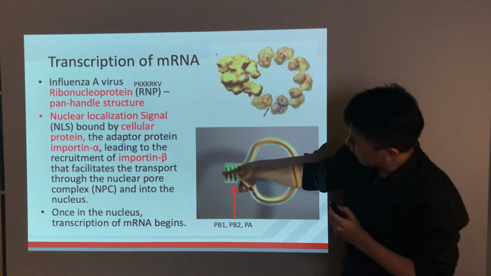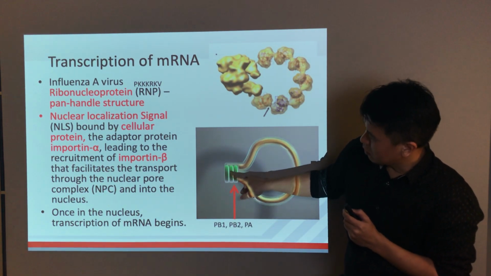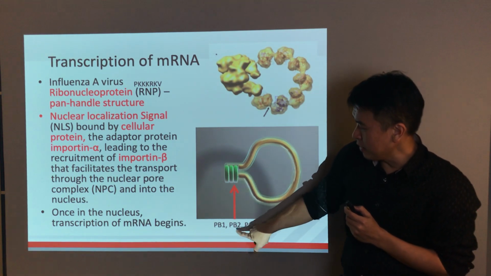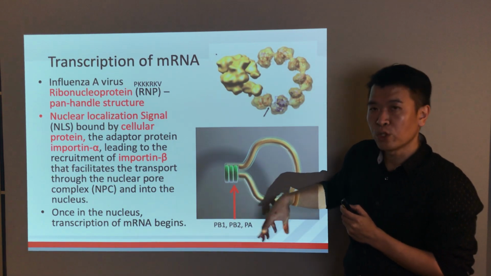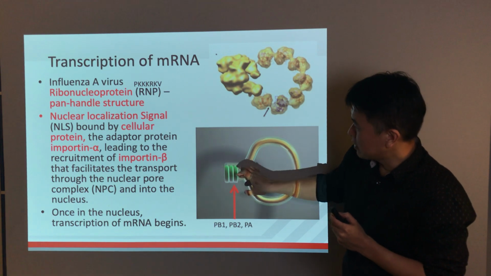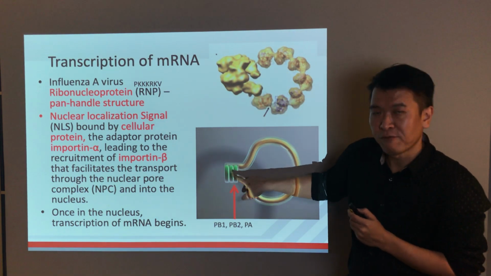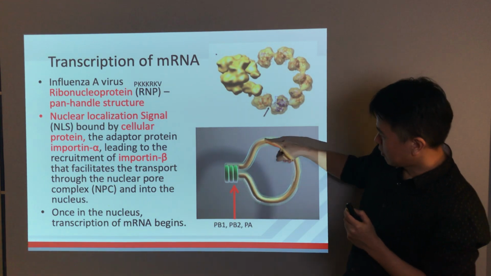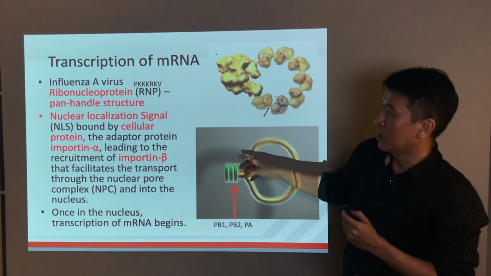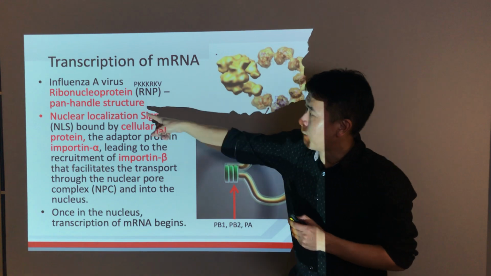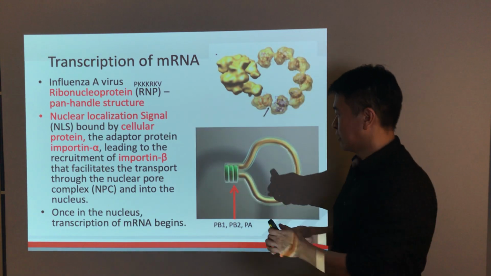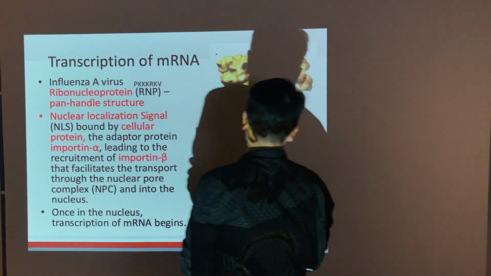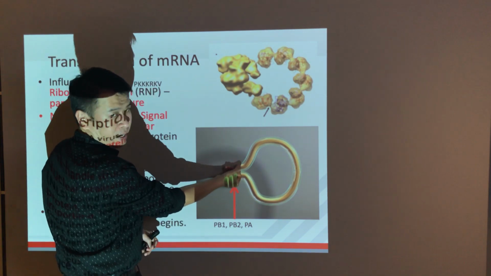And at the end, you can see there are PA, PB1, and PB2, which is the polymerase that binds to the 3' end and 5' end of the RNA that makes it like a frying pan. We call this a pan-handle structure, just like a pan where you hold it like a pan.